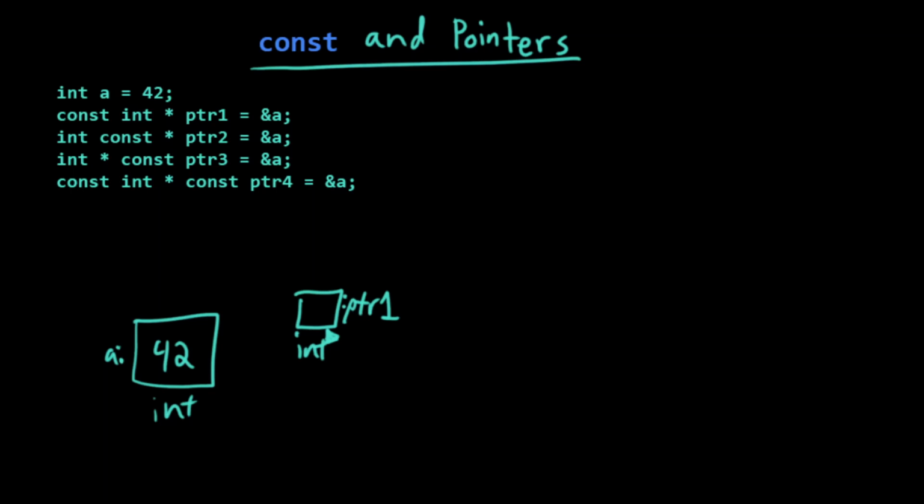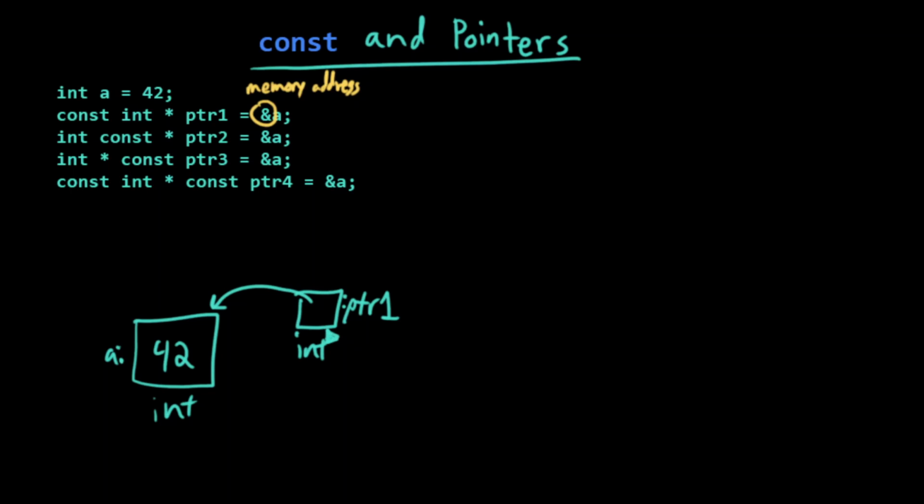And remember, this ampersand represents the memory address of a. So then ptr1 is pointing to this object here, but it's a const int pointer. It's a pointer to a const int. So the const int cannot be modified.